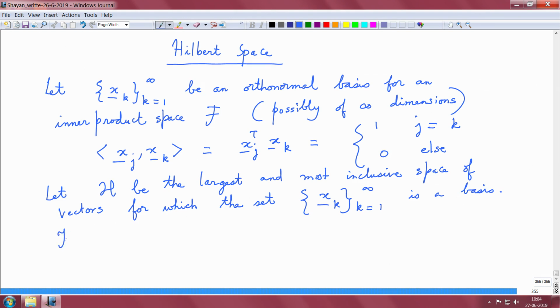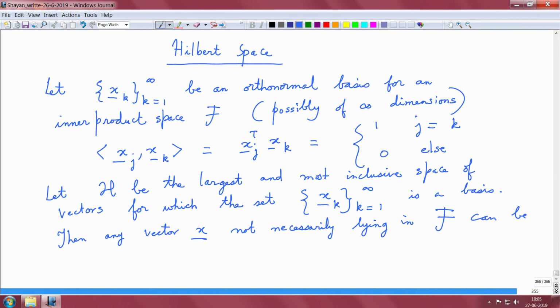So, then any vector x, not necessarily lying in this space script F, because script F is an inner product space endowed with this orthonormal basis, right, any vector x that belongs to this space H, which is the most inclusive space which does not include F, can be written as a linear combination of these orthonormal bases.